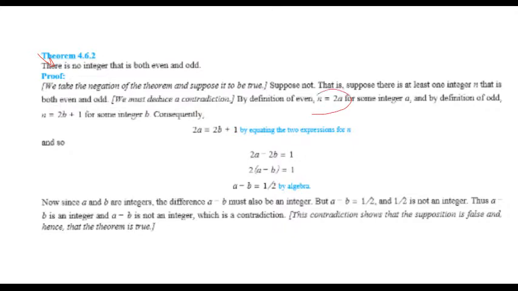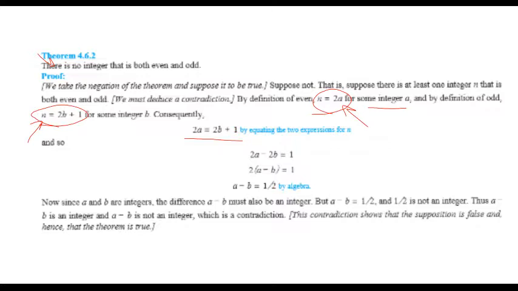So based on the definition of an even number, n is equal to 2a for some integer a, and also since n is both even and odd, n is also odd, so n can be written as 2b plus 1 for some other integer b. As a result n is equal to both 2a and 2b plus 1, so 2a is equal to 2b plus 1, right?